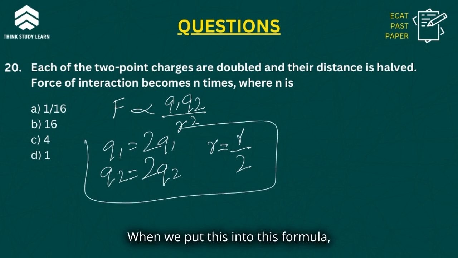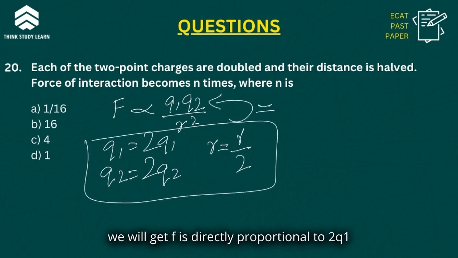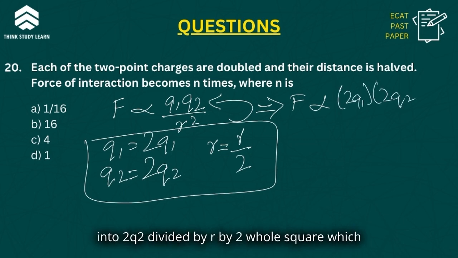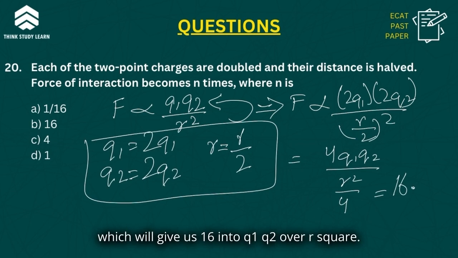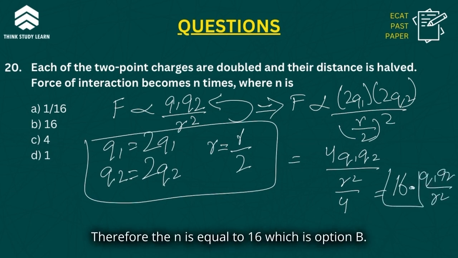When we put this into this formula, we will get F is directly proportional to 2Q1 into 2Q2 divided by R by 2 whole square, which will result in 4Q1 Q2 over R square by 4, and which will give us 16 into Q1 Q2 over R square. Therefore, the n is equal to 16, which is option B.